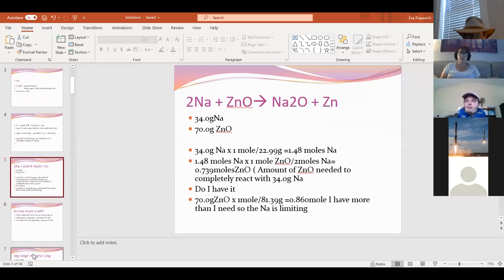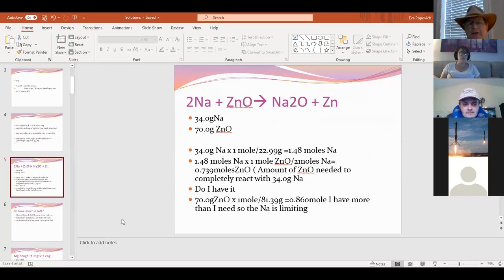Now, the hardest problems you guys have to deal with are how much excess reagent do I have left? I have 2 amounts here, an amount of sodium and an amount of zinc oxide. Now, there's another way to do a limiting reagent problem.